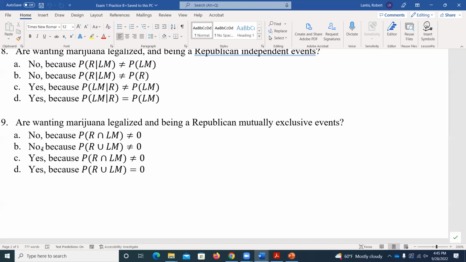That's the only one that would make sense. Just remember the definition of mutual exclusivity: is the intersection equal to 0? If it's not equal to 0, then no, they're not mutually exclusive. If it is equal to 0, then yes, they would be. Any questions on that?